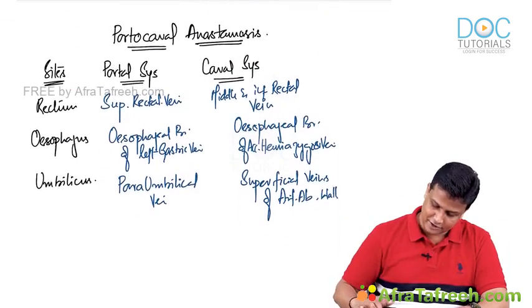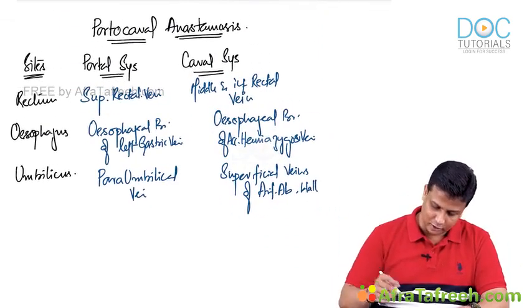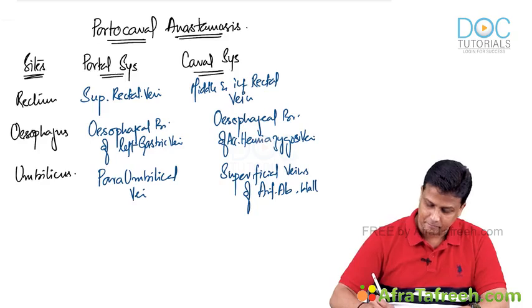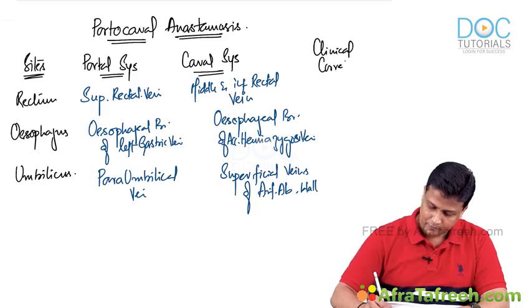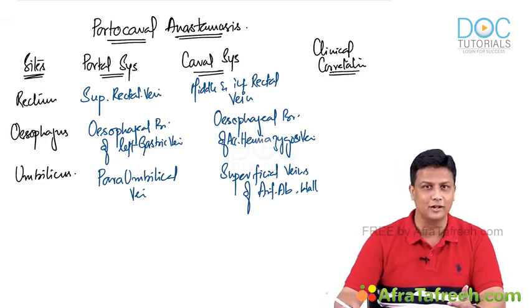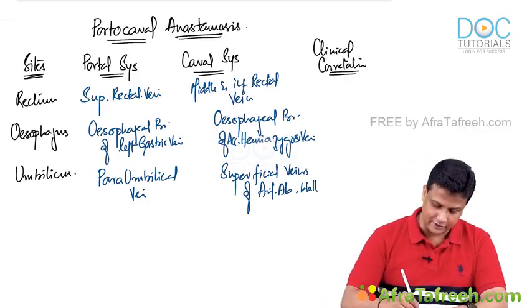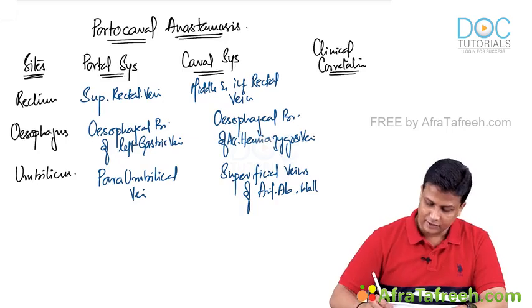So for all the three locations, let us see the clinical correlation. What will be the applied aspect here? Almost everywhere it is the same thing. It is dilatation of veins only, but different names are given at different locations. So near the rectum, what is going to happen? It will lead to hemorrhoids.